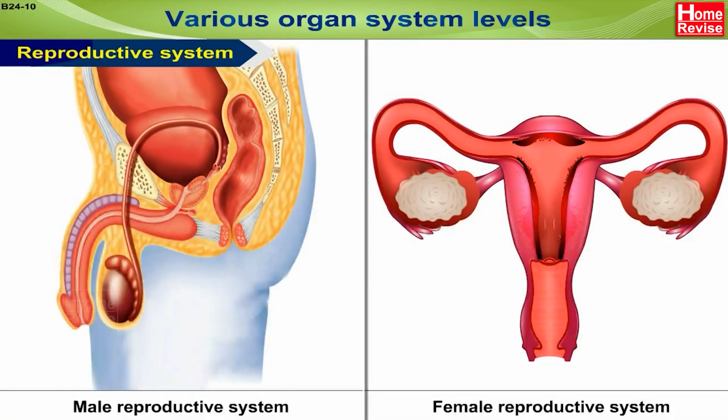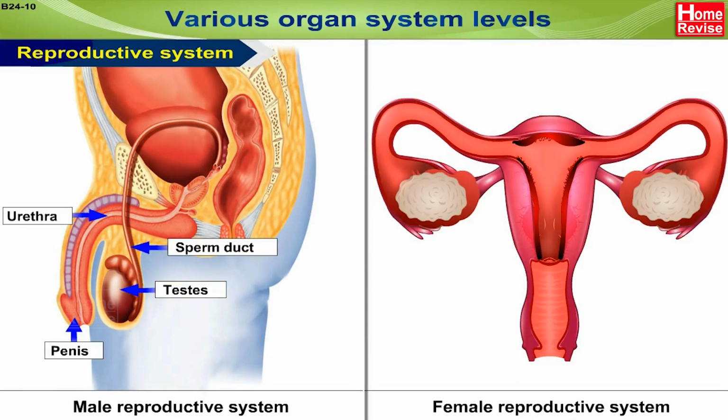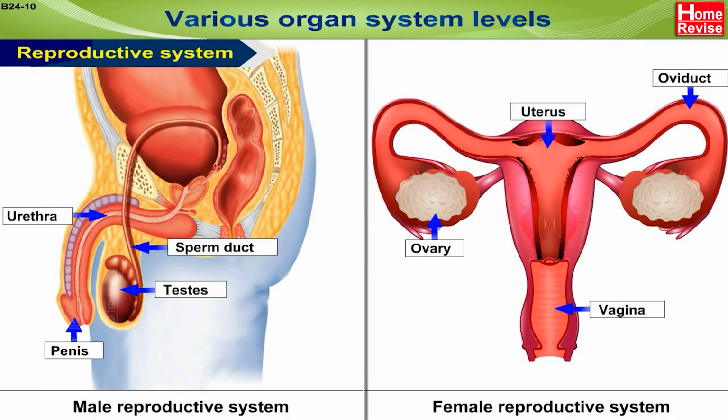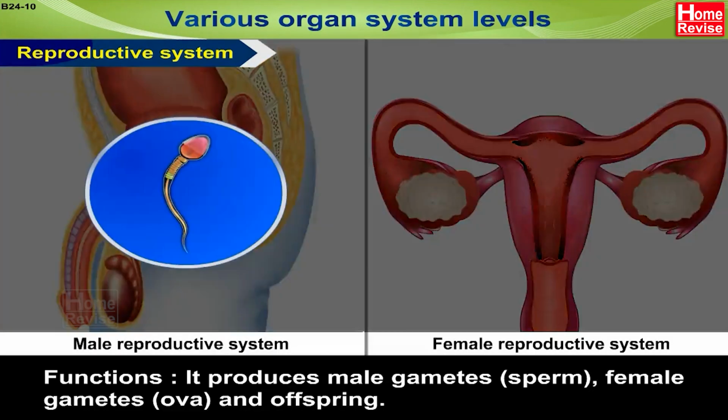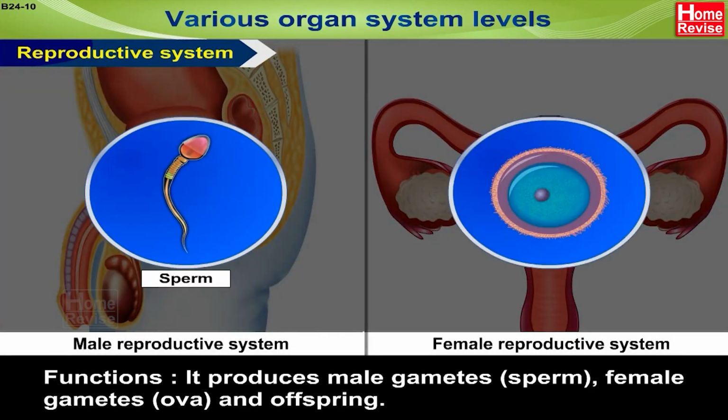Reproductive system consists of testes, sperm ducts, urethra, penis in males, and ovaries, oviducts, uterus, vagina in females. It produces male gametes, sperm, female gametes, ova, and offspring.